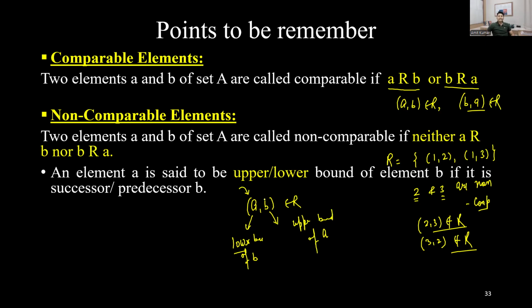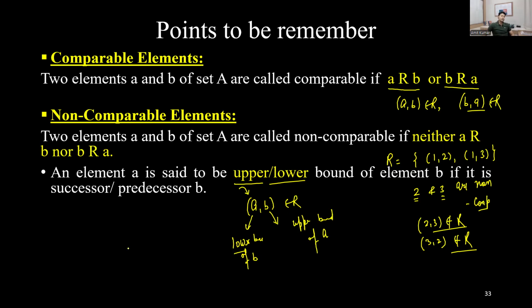B is called the successor of A. A is called the predecessor of B. So this is how we can understand what we mean by upper bound or lower bound of an element. If they are related to each other, then the first one is called the lower bound and the second one is called the upper bound: lower bound of the second element B, upper bound of the first element A.